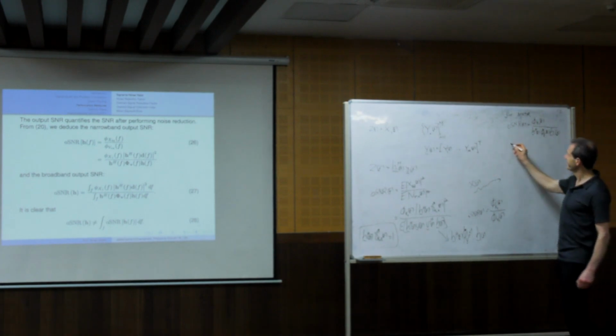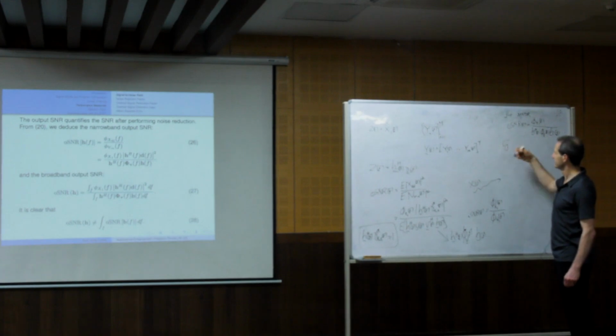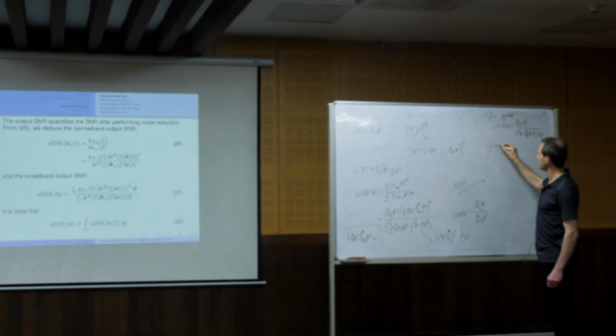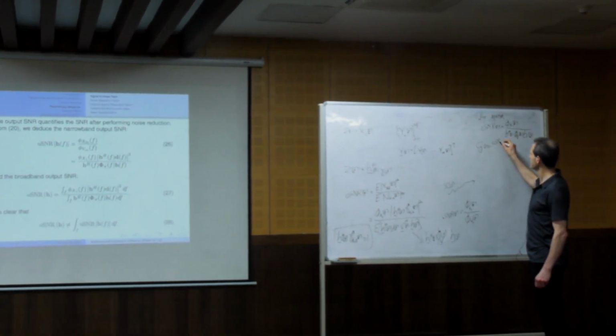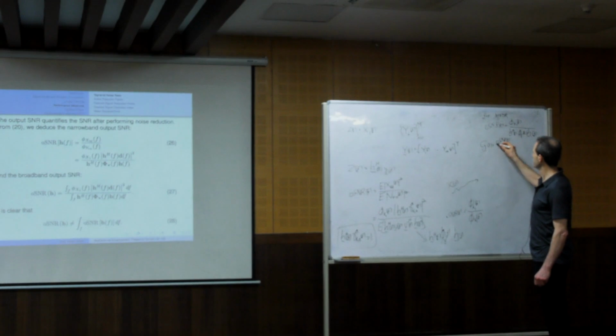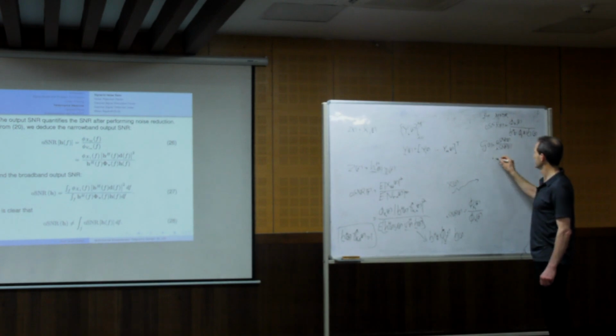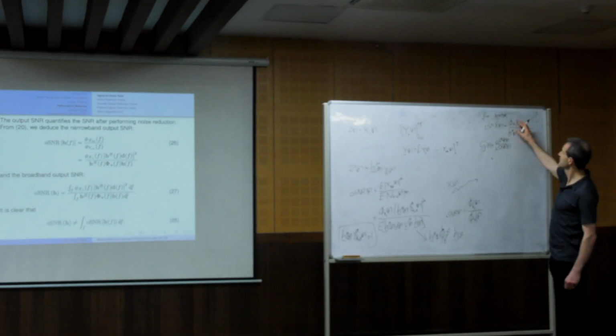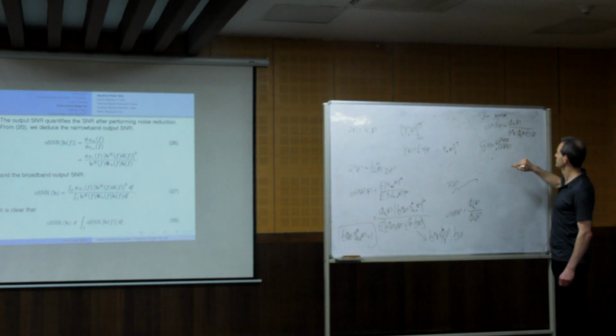So if I take the narrowband gain in SNR, which is the narrowband output SNR divided by the narrowband input SNR, it will be this divided by phi x1 and phi v.